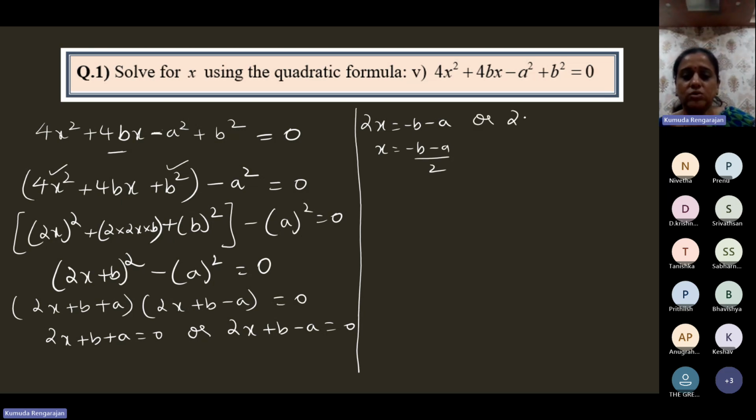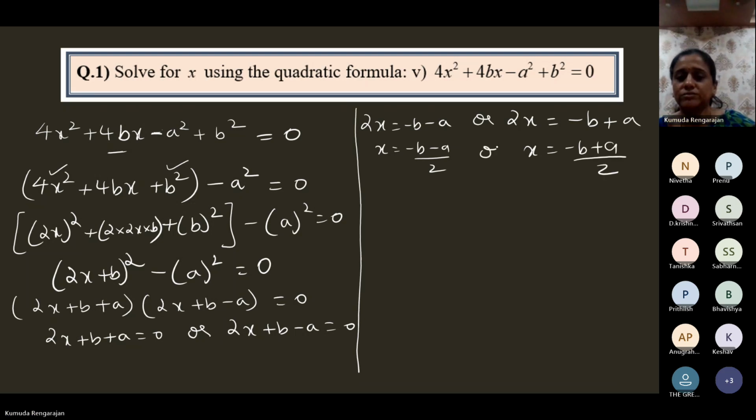Or, 2x on the left-hand side, take the other terms to the right-hand side: plus b becomes minus b, minus a becomes plus a. So x is equal to minus b plus a by 2. Correct?